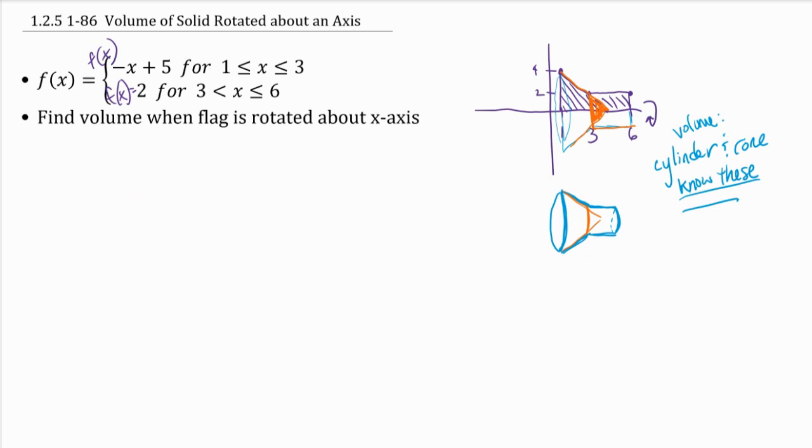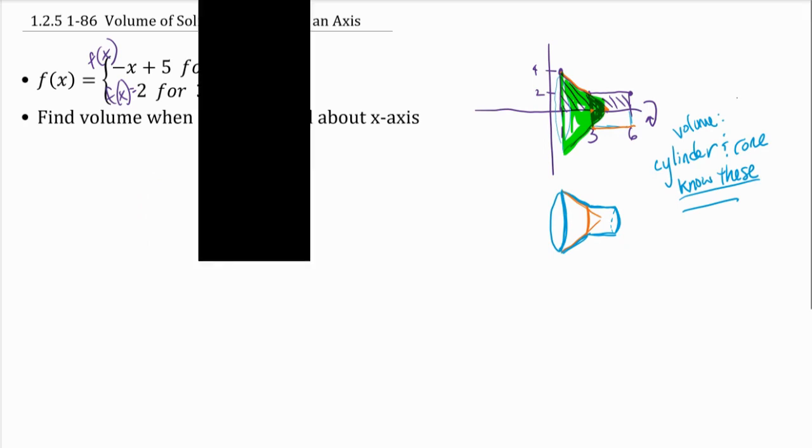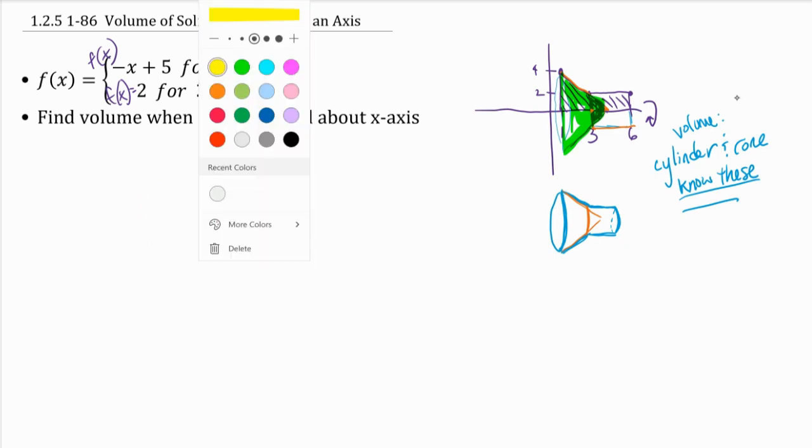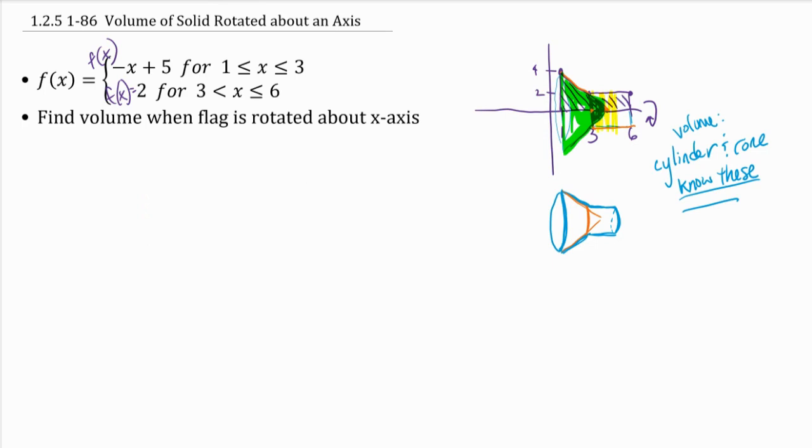So how do I find the volume of the overlapping piece? What I can do is find this large cone, subtract the overlapping piece, and then add the volume of my cylinder. So again, I'm going to have my large cone minus the overlapping piece, and then I'm going to add my cylinder.